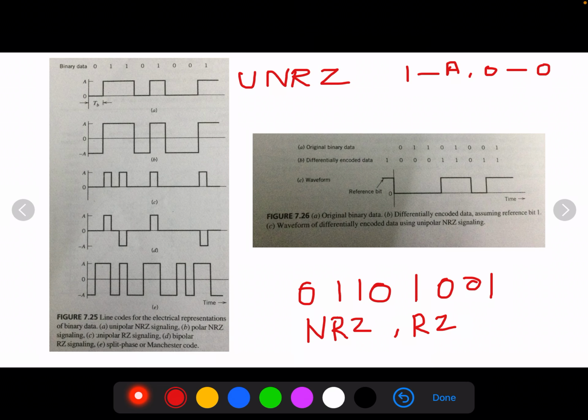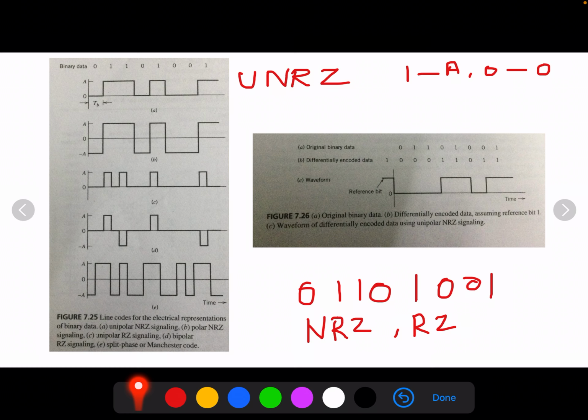As you can see here, 0 is taken as 0 itself, 1 is represented with amplitude A, 0 with 0, 1 with amplitude A, and it goes on like this. This line code is also referred to as on-off signaling. The disadvantage of on-off signaling is the waste of power due to the transmitted DC level. This is about unipolar non-return to 0 signaling.